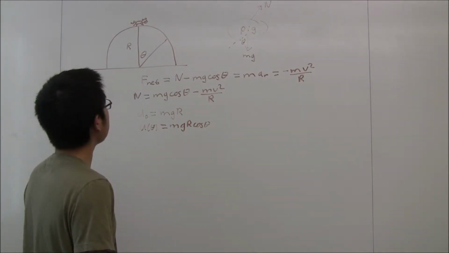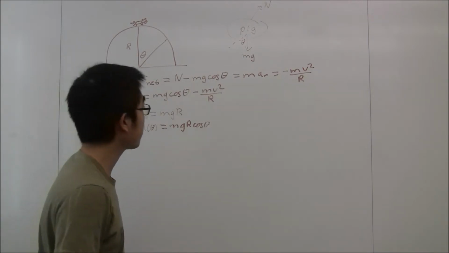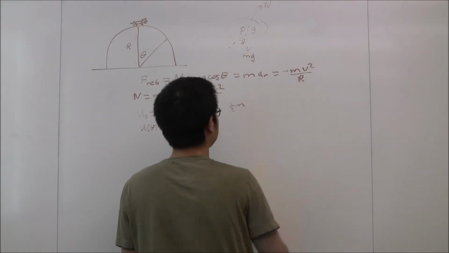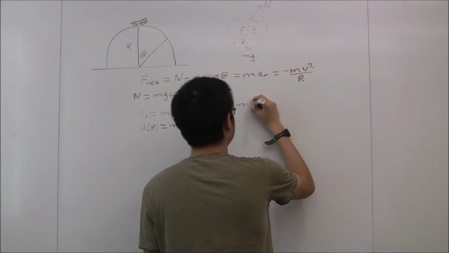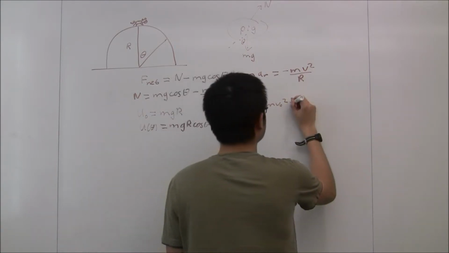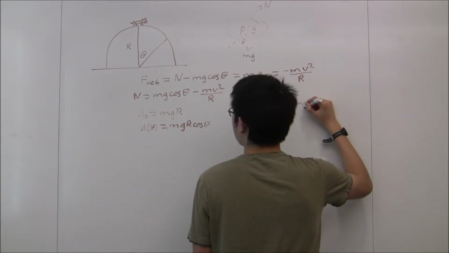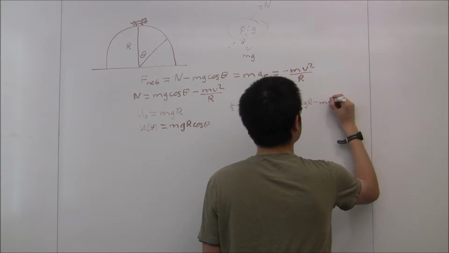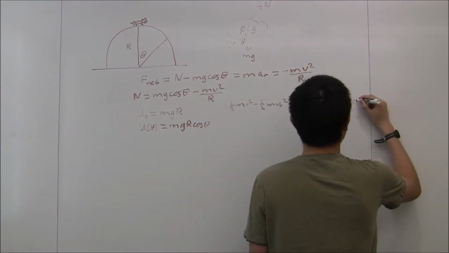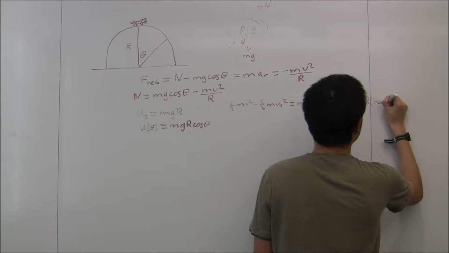Now, its final kinetic energy is half mv squared, and its initial kinetic energy is half mv0 squared, which means the change in its kinetic energy is half mv squared minus half mv0 squared, and that's equal to the change in its potential energy, which is mgr minus mgr cosine theta, which we can write as mgr times 1 minus cosine theta.